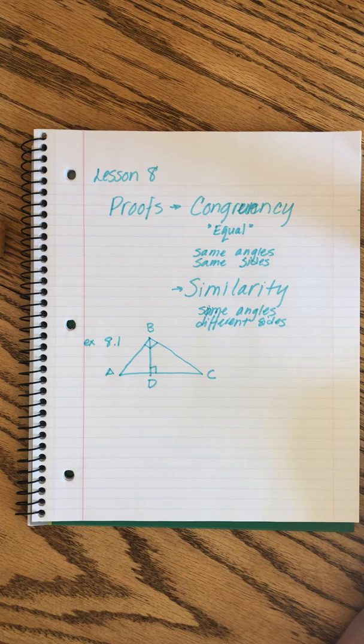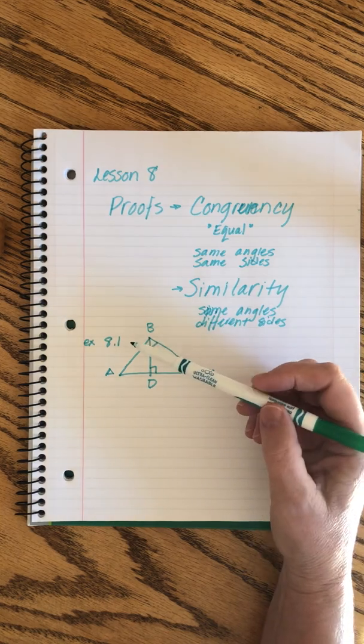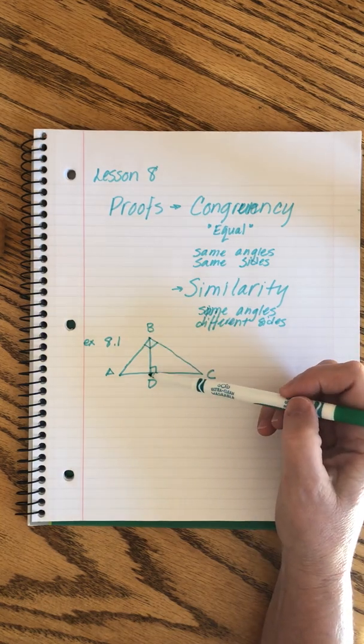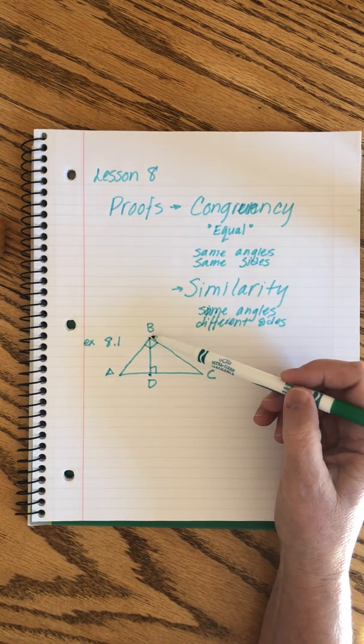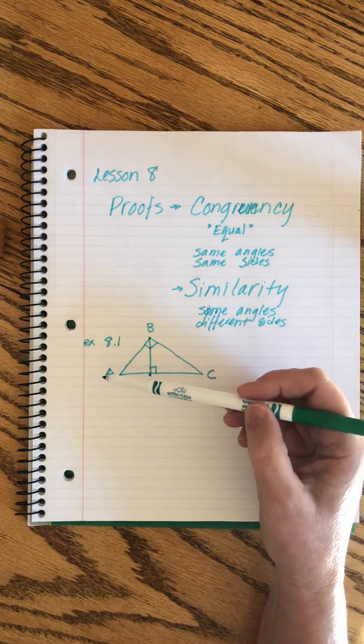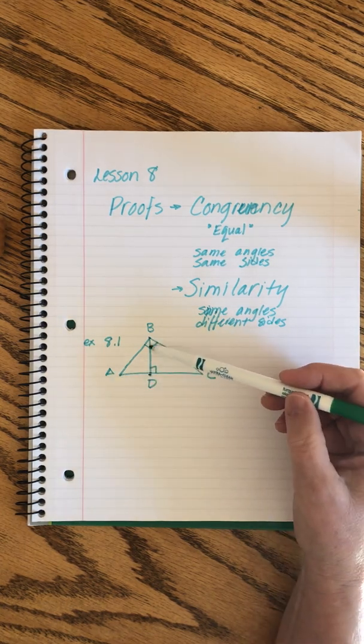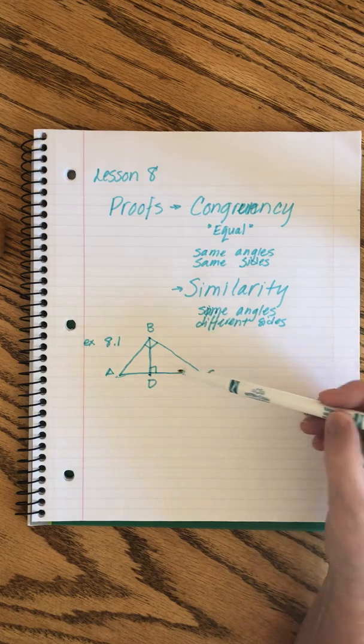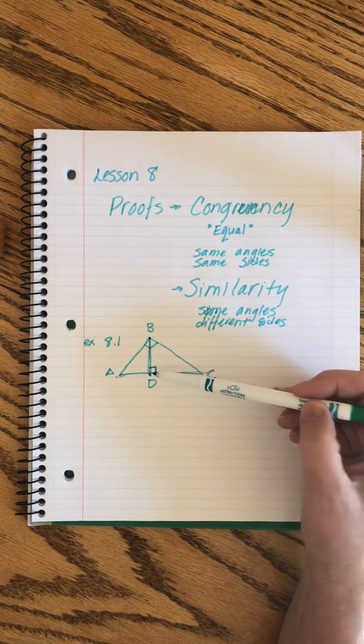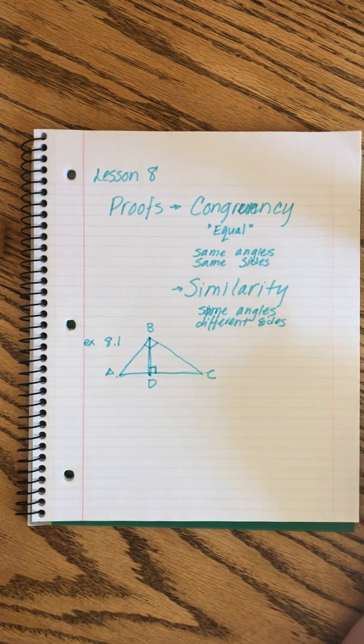We have to peel them apart. What John is asking us to do is to show, let's see, it says in triangle ABC, segment BD is the altitude to the hypotenuse AC. Okay, so it's saying this meets it at a right angle. That's what altitude means. Okay, show the following.